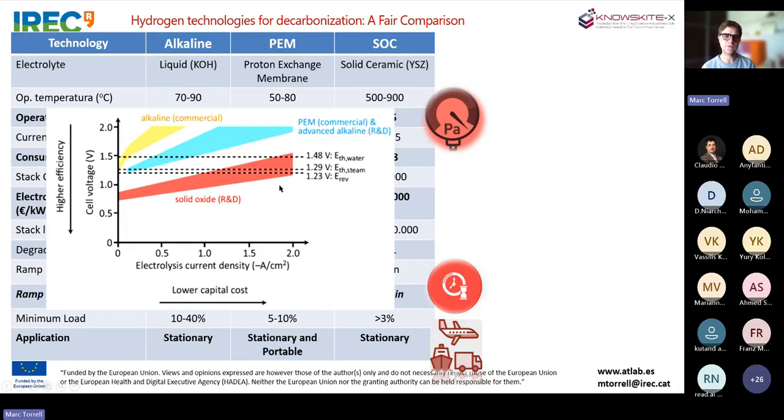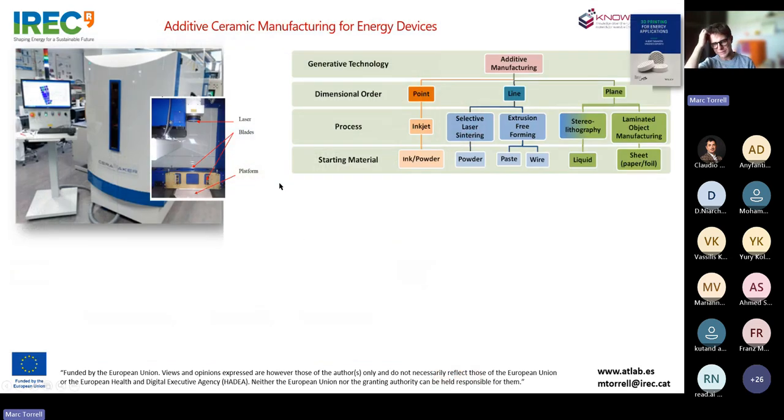So, once we have this frame and this introduction to the different technologies and the way the ceramic pieces have been conventionally fabricated, I would like to explain to you today our new approach, our disruptive manufacturing process for this technology.